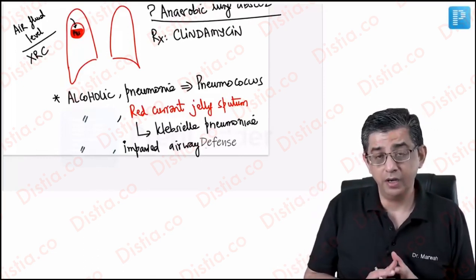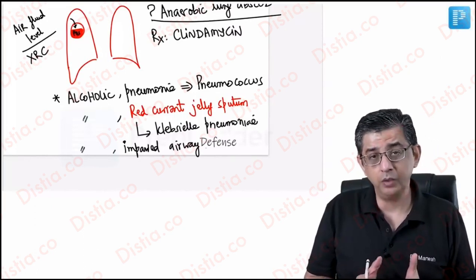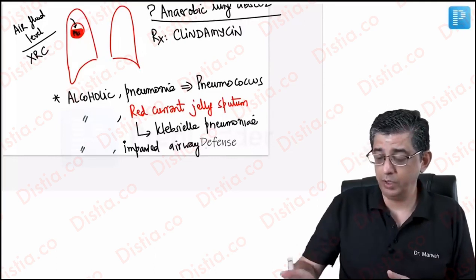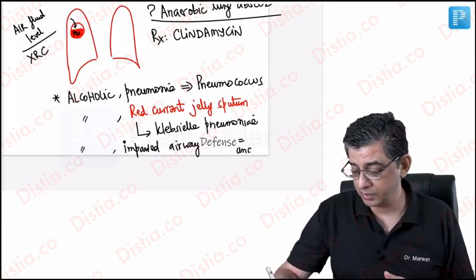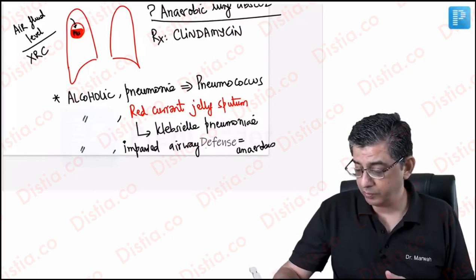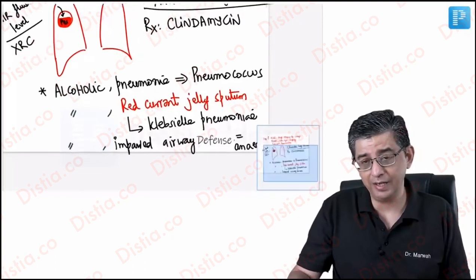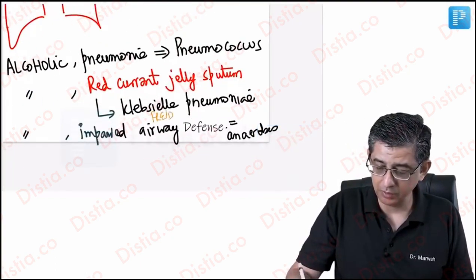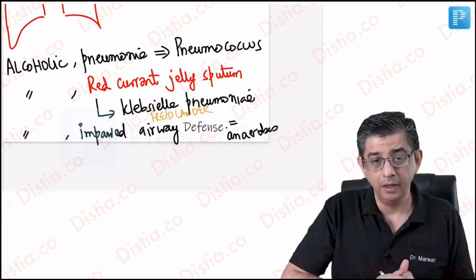But the point is, ultimately, if there is entry of bacteria into the lower respiratory tract, which is considered to be sterile, there are bound to be problems for the patient, and we need to consider anaerobes in this case. You also know from microbiology that the alternative name for Klebsiella pneumoniae is Friedlander's bacillus, and I'm putting that name on record here, so that's why he will write the word Friedlander's pneumonia.